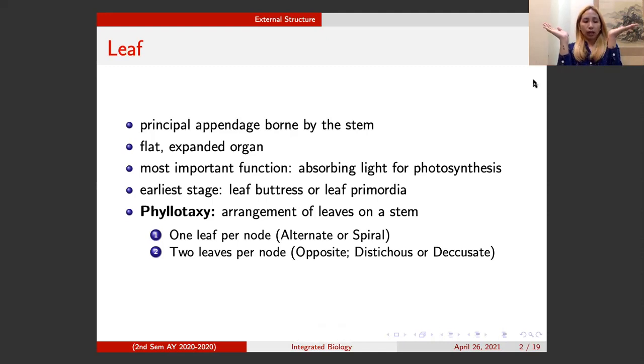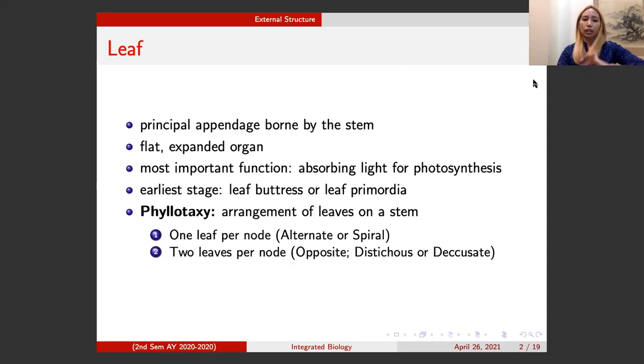Opposite is when the arrangement is two leaves per node, and on top of it, the same orientation of leaves can be found. It is distichous or decussate if the second leaf arrangement is 90 degrees from the one that was below it.